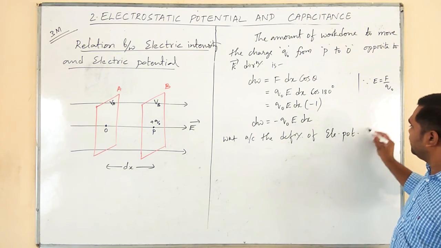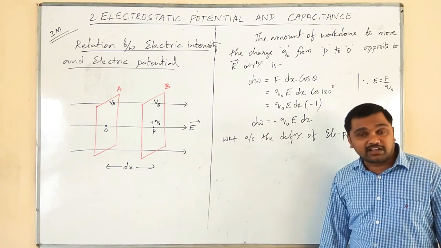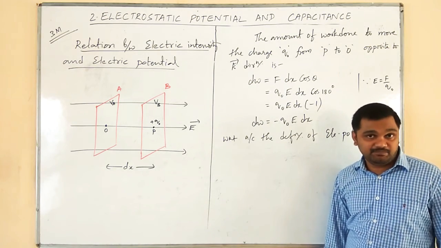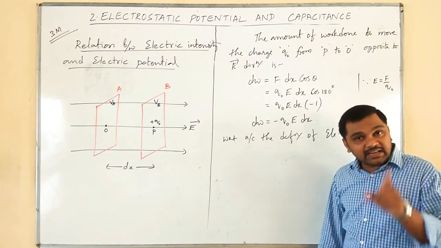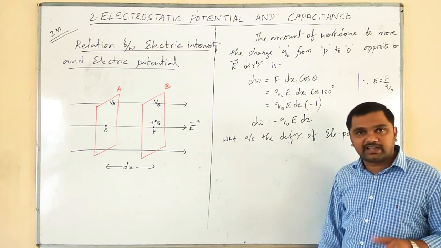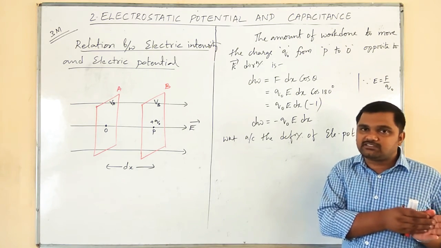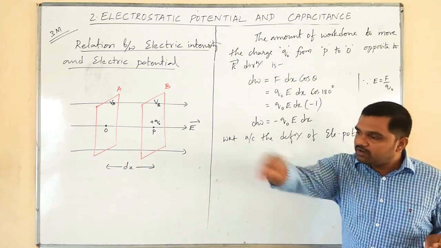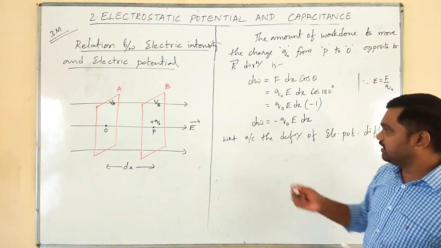Next, we know that according to the definition of electric potential difference, what does the concept of electric potential difference say? Electric potential difference between 2 points in an electric field can be defined as the amount of work done in moving a unit positive test charge from one point to another point against the electric field direction.